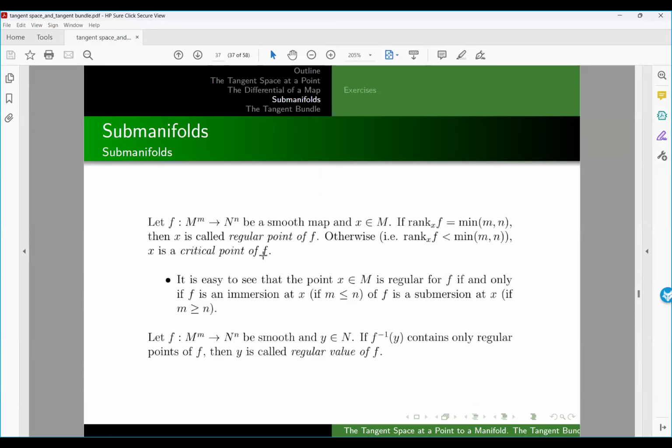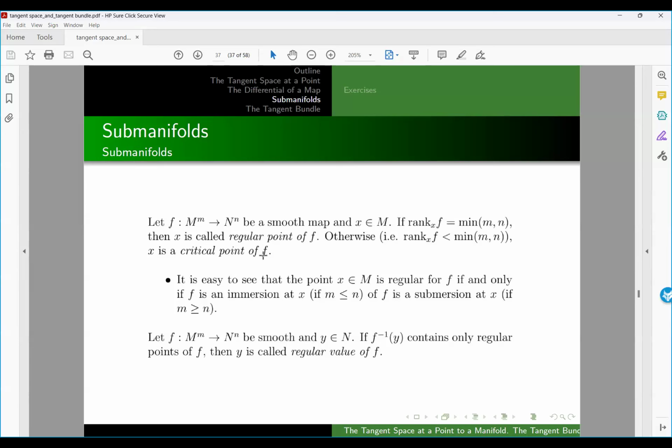So this is what you've seen. Suppose that you have a smooth map between two manifolds M and N, and we take a point x on the manifold M. If the rank is exactly the minimum between m and n, remember the rank is always less than or equal to the minimum, which means what? Which means that F is either an immersion if m is less than or equal to n, or a submersion if m is greater than or equal to n, as we've seen before.